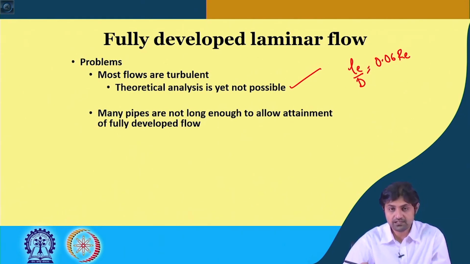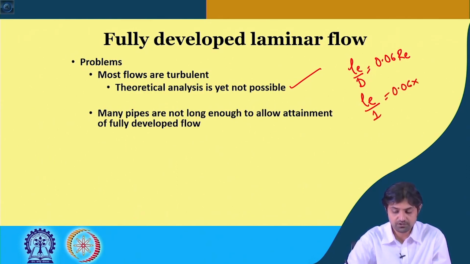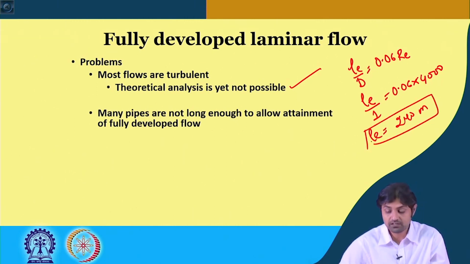In case of, let us say, a Reynolds number of 4000, which is pretty common, and diameter of the pipe, let us say 1 meter, 0.06 into 4000, LE becomes 240 meters. So the entrance length region is 240 meters for a pipe of diameter 1 and Reynolds number of 4000.